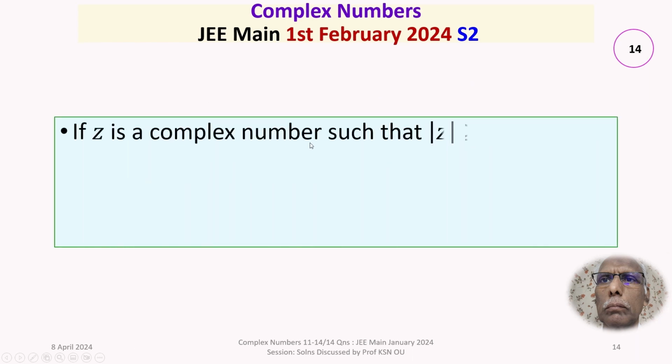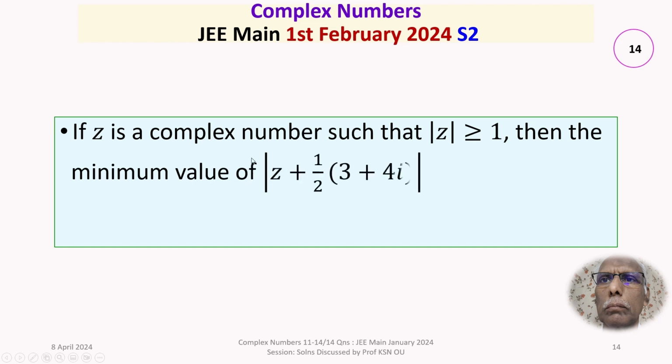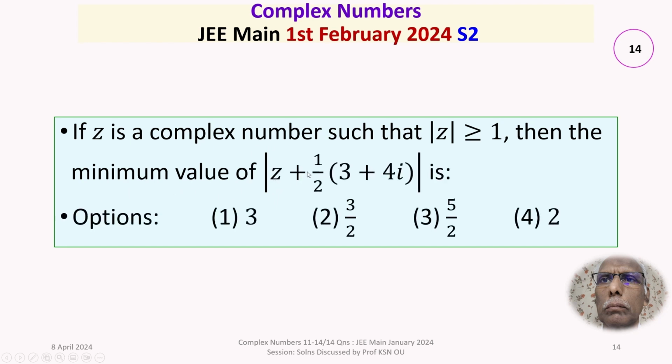If z is a complex number such that mod z is greater than or equal to 1, then the minimum value of mod of (z plus 1 by 2) multiplied by (3 plus 4i) is... we are given 4 options. So z is a complex number such that mod z is greater than or equal to 1. What is this?